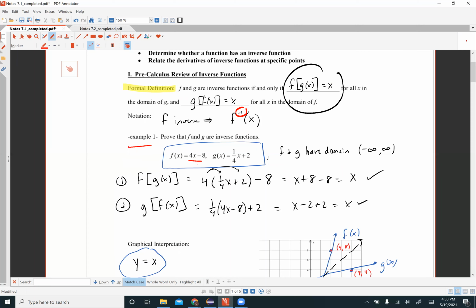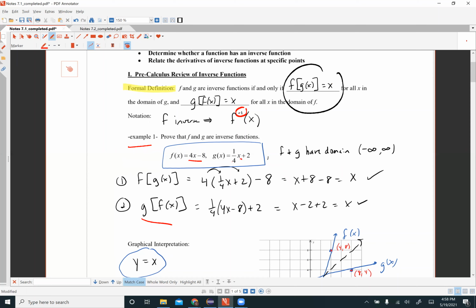Wherever you see x in f of x, you replace it with 1/4 x plus 2, do some algebra, and see that you get x. So f undoes what g does, and vice versa. Now we'll prove that g of f of x is x. Wherever you see x in g of x, you replace it with 4x minus 8, and once again, do a little algebra and prove that you get x.